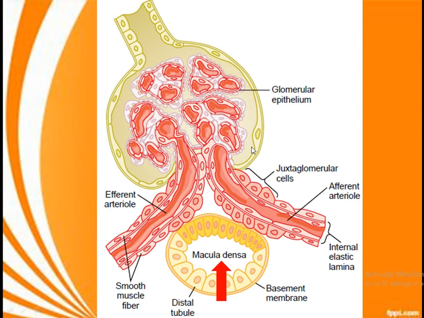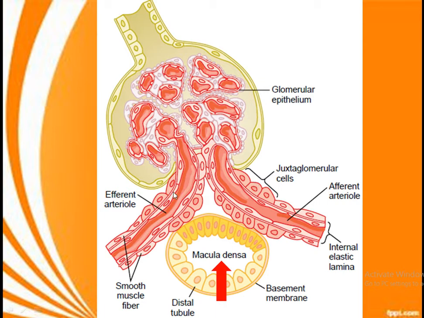This is one more sketch diagram to show the juxtaglomerular apparatus, and these are the specific cells which are sodium sensors. They are going to sense the sodium concentration, and from that they are going to manage the vasoconstriction, either of the afferent or efferent arteriole.